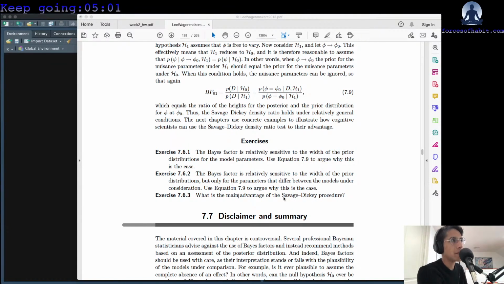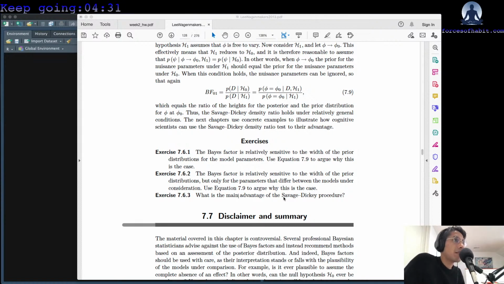The Bayes factor needs to be sensitive to this, the width of the prior, because of things we spoke about before, where the prior, specifically broad priors, could be considered fairly complex models, and we want to penalize complexity generally in favor of parsimony.